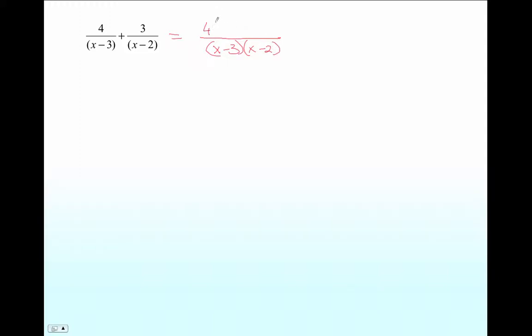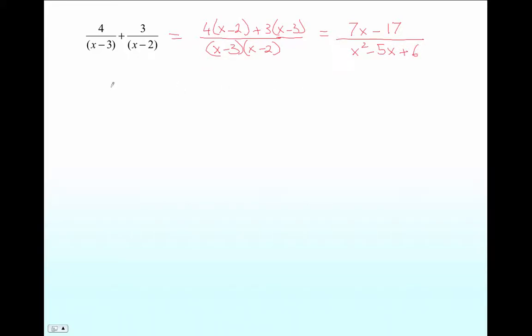And then the numerator becomes 4 into x minus 2 plus 3 into x minus 3. Now, if we multiply out, we get 7x minus 17. And at the bottom, if we multiply out the factors, we get x squared minus 5x plus 6.